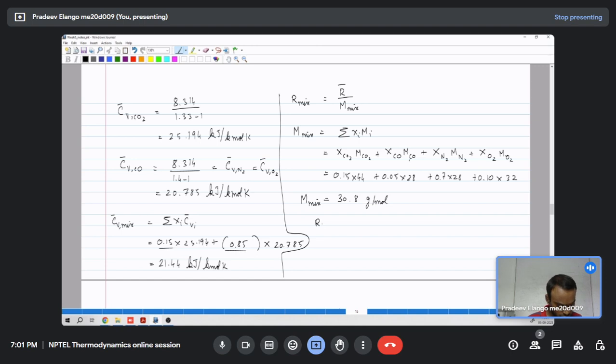Now we need to calculate Cp of the mixture, which is Cv of the mixture minus R plus R, so that is 21.44 plus 8.314.